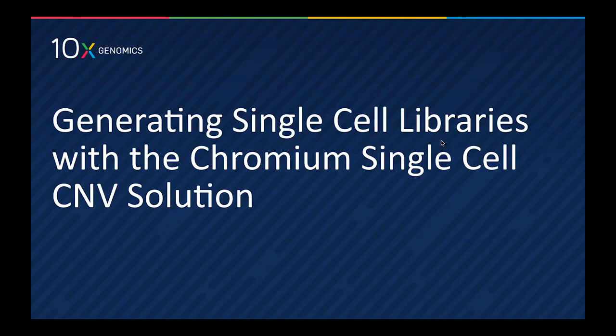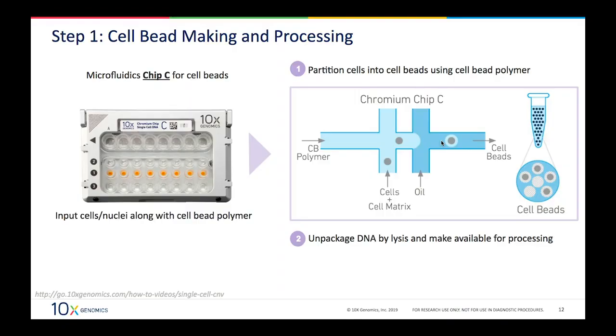In developing the single-cell DNA system, 10x decided to leverage the microfluidic system that we currently have in order to create this cell bead technology that is necessary to study DNA at the single-cell level. What is really important is that you want to isolate cells and make sure that their genomic content stays within the cell and doesn't get mixed with the genomic content of another cell. In order to achieve that, we have developed a two-step microfluidic system.